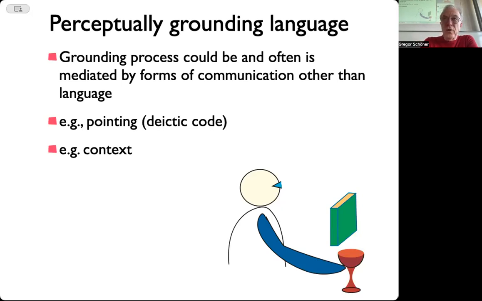So, for instance, when you talk to people about objects in the environment, you use bodily forms of communication, like pointing, right? This most trivial part, like this little figure is pointing here at something. It's something abstractly called deictic codes, which is just Greek for pointing.